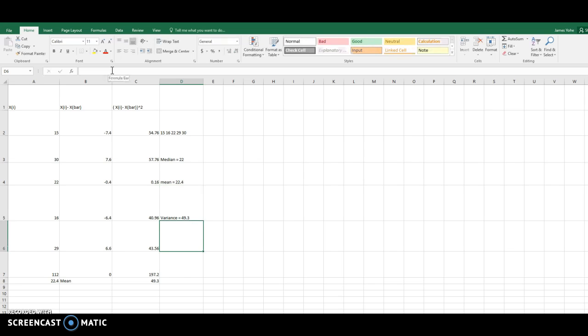This variance gives us an idea of dispersion. We have our central tendencies, the mean, the median, and if we had one, a mode. The variance tells us how tightly or loosely compacted our data set is around that mean.